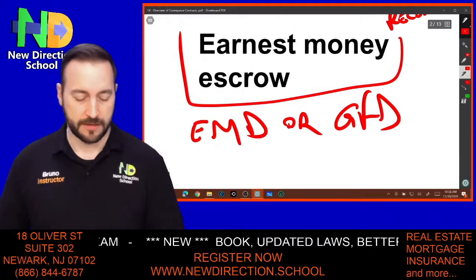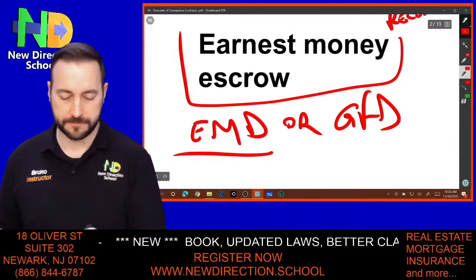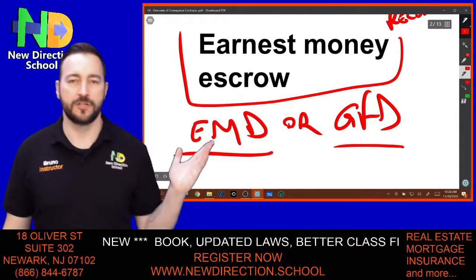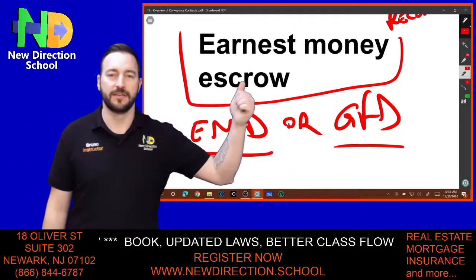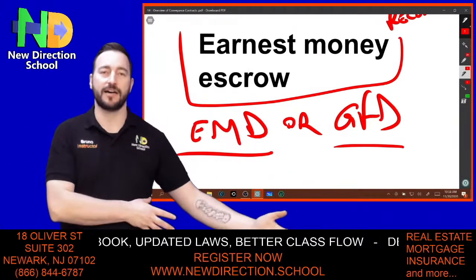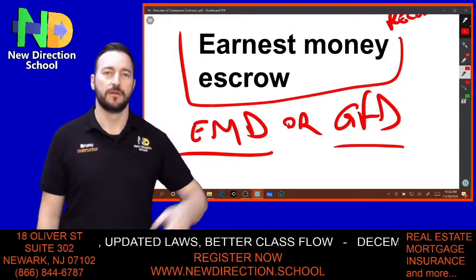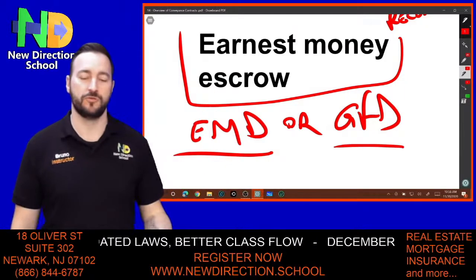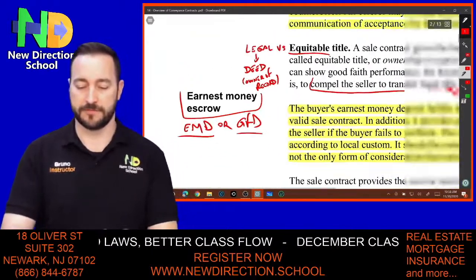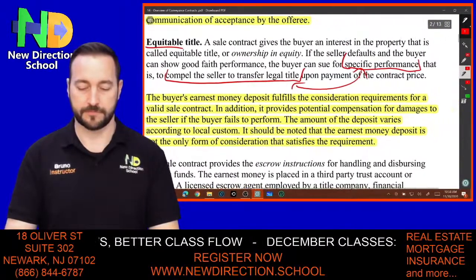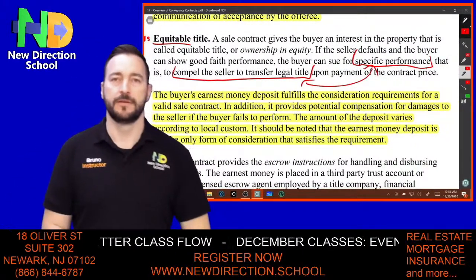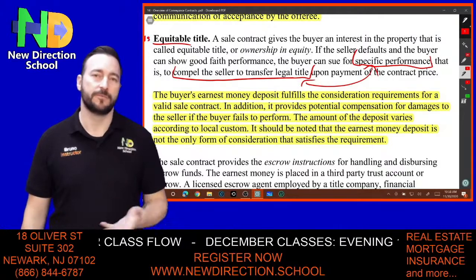These are similar terms. It's money that must be set aside. That's why it says escrow. Must be set aside to cover defaults. Right? Defaults by who? Well, by the buyer.